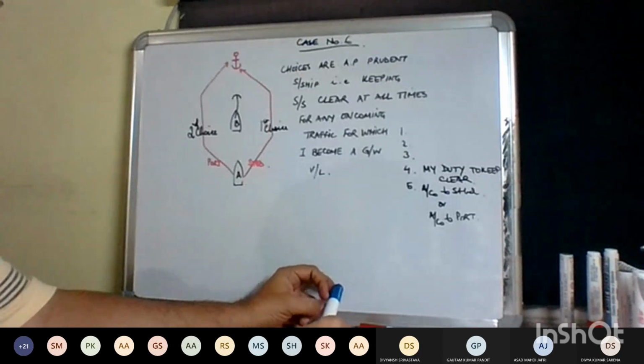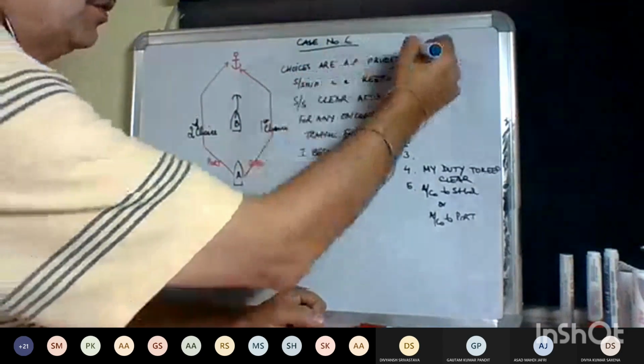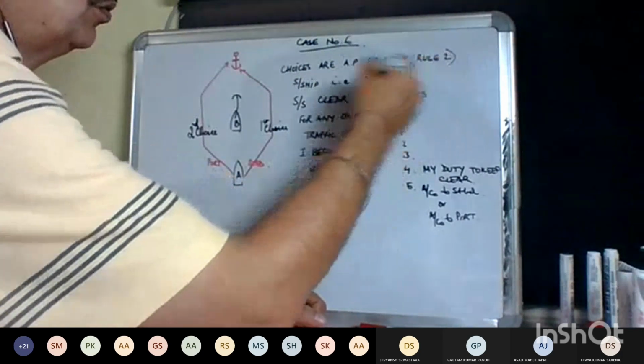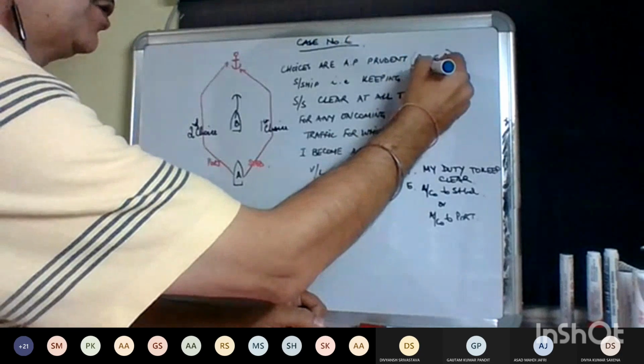So, choices are as per prudent seamanship, and this is as per Rule 2, Responsibility.